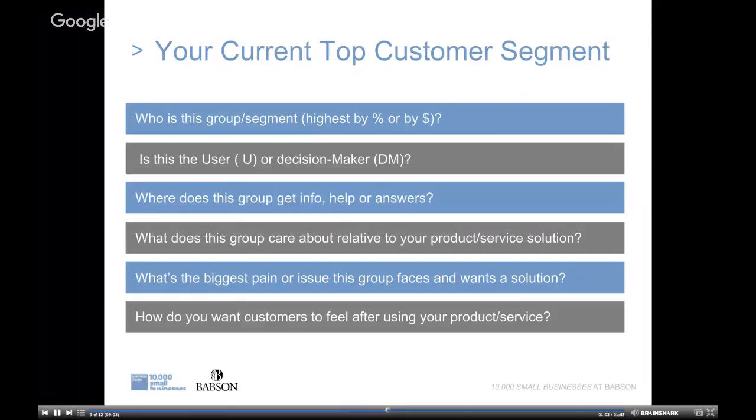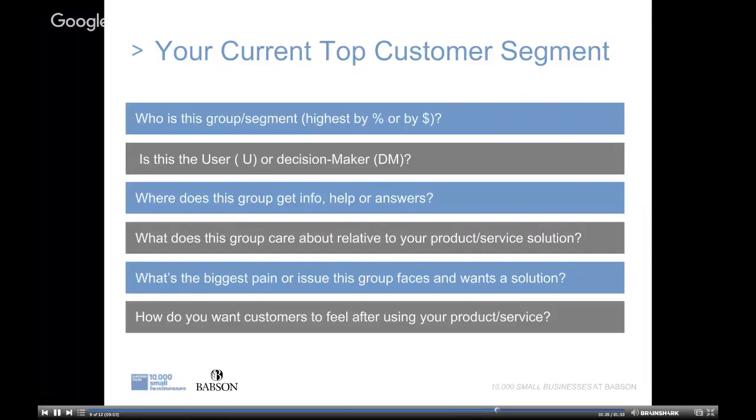You answer these questions. Who's in your group and who is in this group or segment? We'd like that by the highest by percentage or dollars. Is the user a real user or a decision maker? Where does this segment get information, help, or answers?